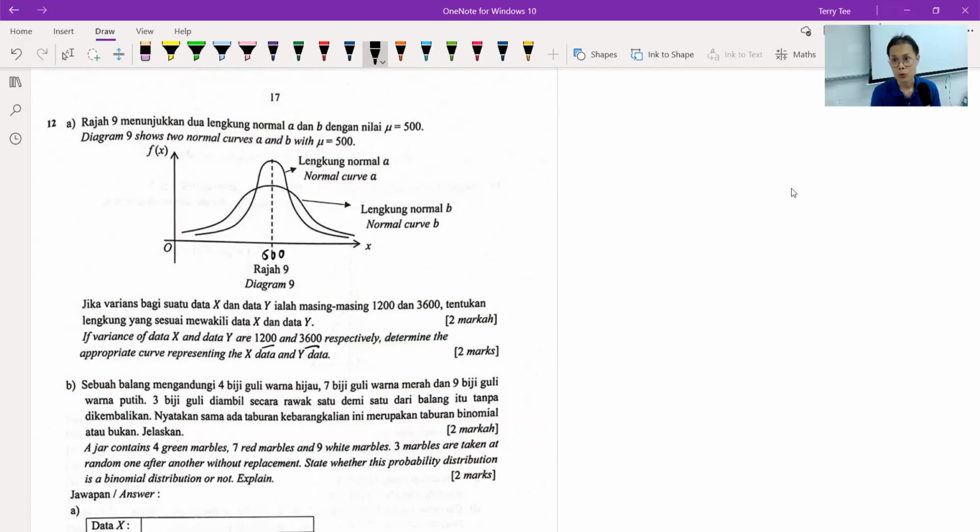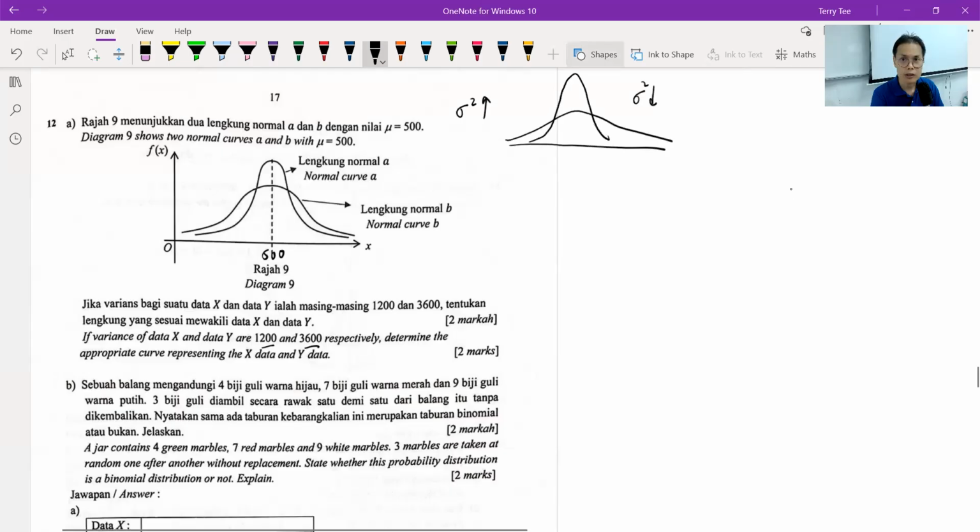Okay, one thing I hope you know, variance or standard deviation determines how far data being spread out. If your variance or standard deviation is higher, the tail, you have to pull it lower. The graph will be lower, right? They are more spread out from each other. If your standard deviation or variance is lower, the values are all closer to each other, all right?